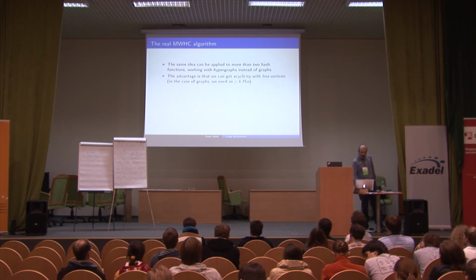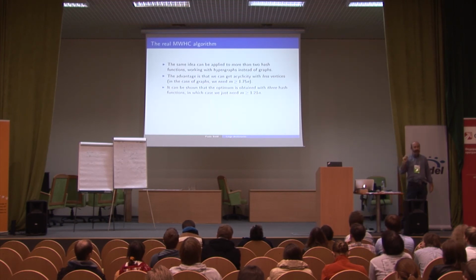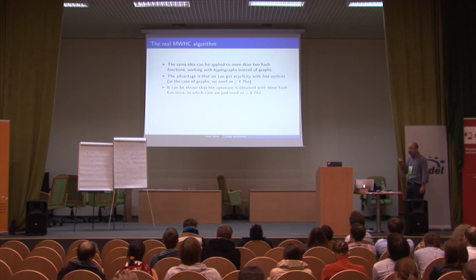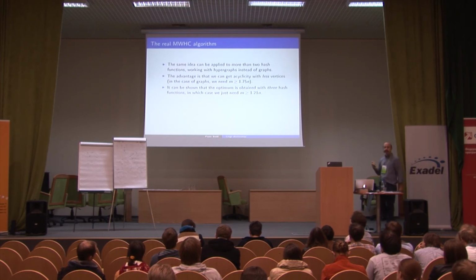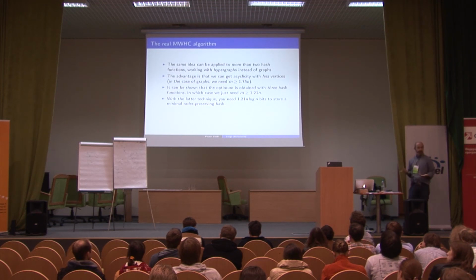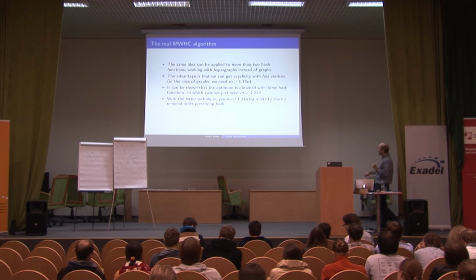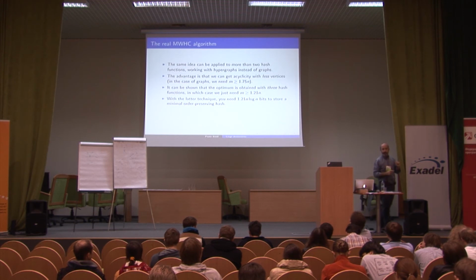And you can actually prove that, for example, for a 3-hypergraph, you don't need 1.75n nodes to have high probability of no cycles, you only need 1.21n. And for some magic reason, 3 is the best, in the sense that if you try with a 4-hypergraph or a 5-hypergraph or more, you get worse. So the best is using a 3-hypergraph. With a 3-hypergraph, you get 1.21 n log n bits to store a minimal order-preserving hash function.